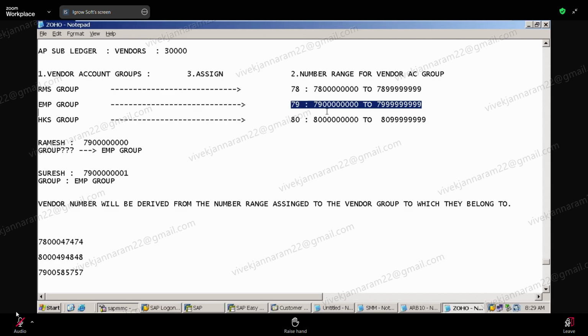So how do we manage these vendors in the accounts tables? First, we divide them into groups. Then we define the number range. Then we link it. Then apply anything to the number range. Apply to the 79 series, and it will apply to employees. Clear?